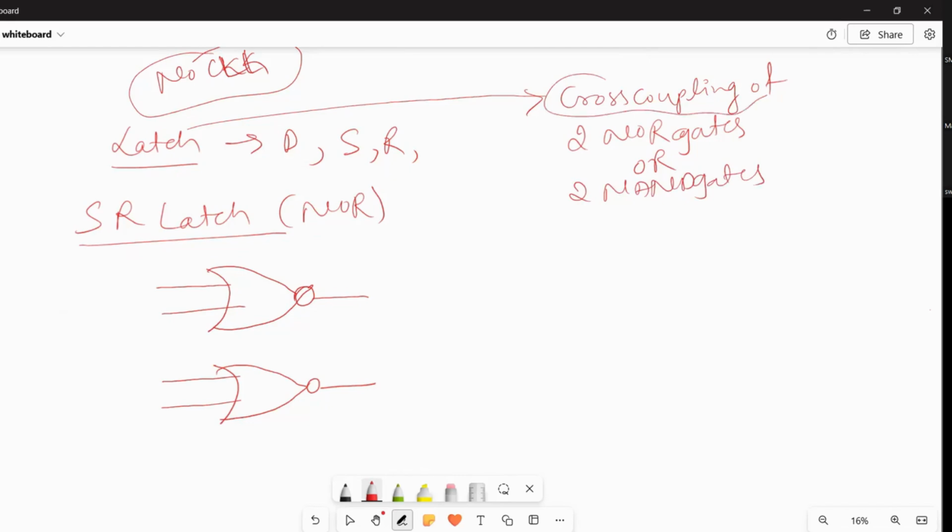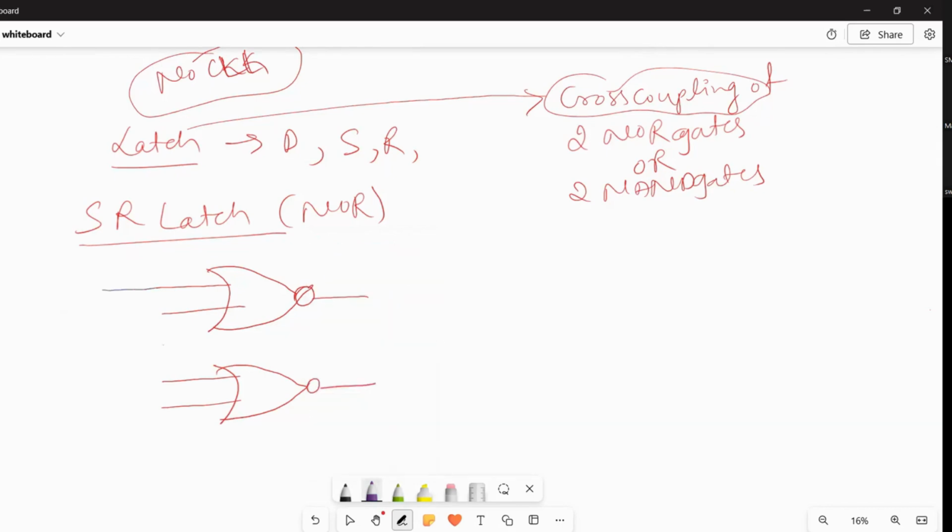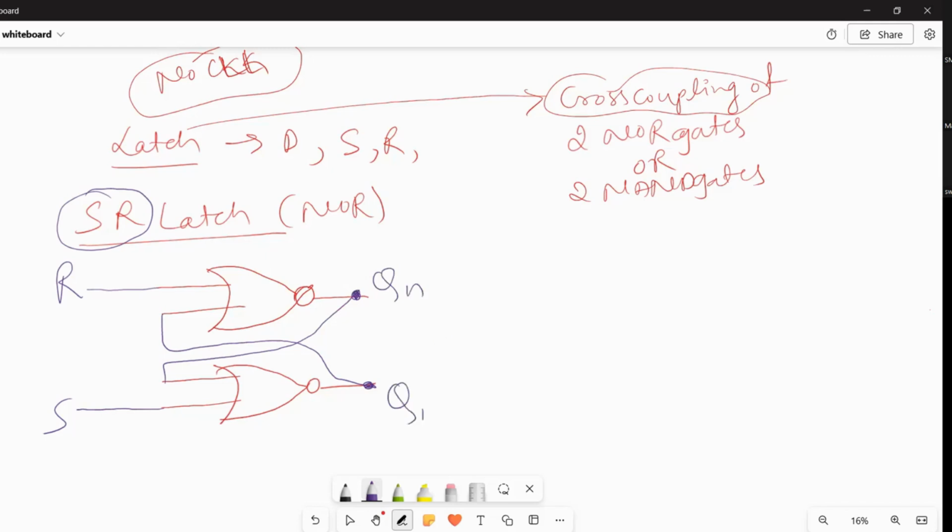What is the meaning of cross coupling? Look at this. This is the first input, R input. This is the second input, S input. SR latch, correct? The second input is connected to the second output, and this one is connected to the first output. The first output is called Qn, the second output is called Qn bar.